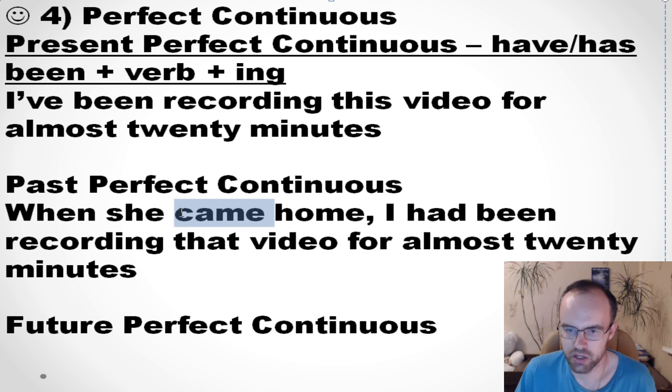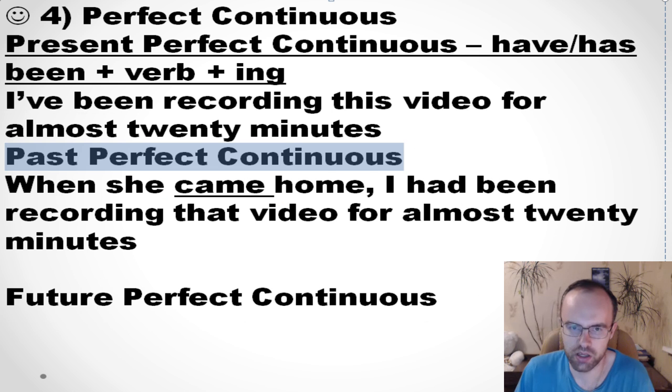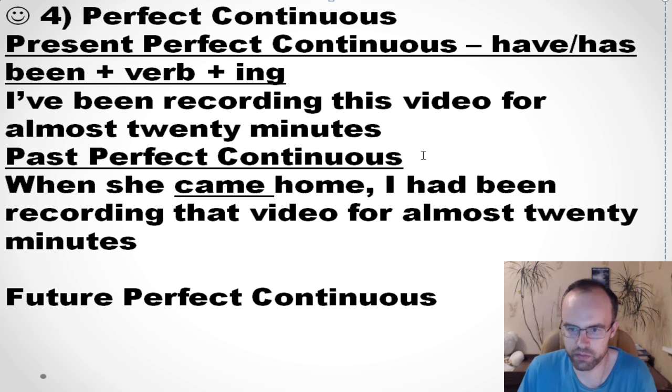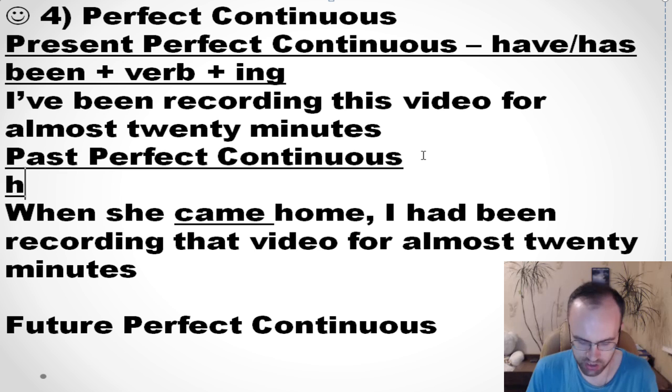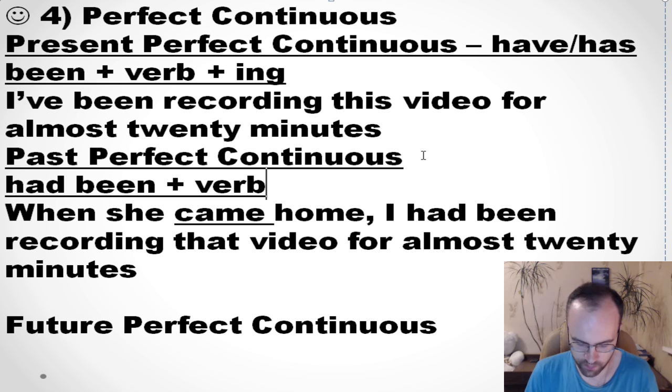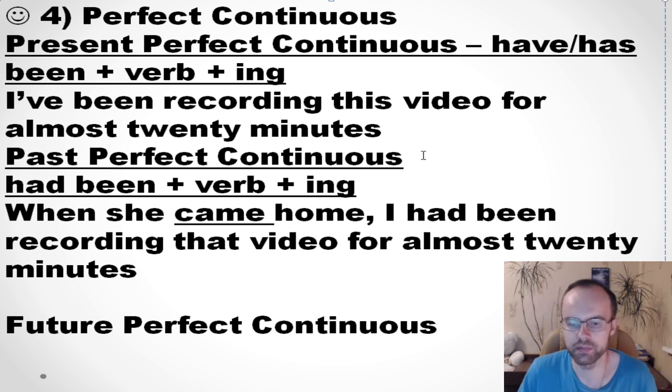So you see, it's the same situation, but it's about the past. And if we look at the formation, it's pretty easy. So had been plus verb plus ing. So when she came home, I had been recording that video for almost 20 minutes. It means that first I started recording, so 20 minutes passed, and then she came.